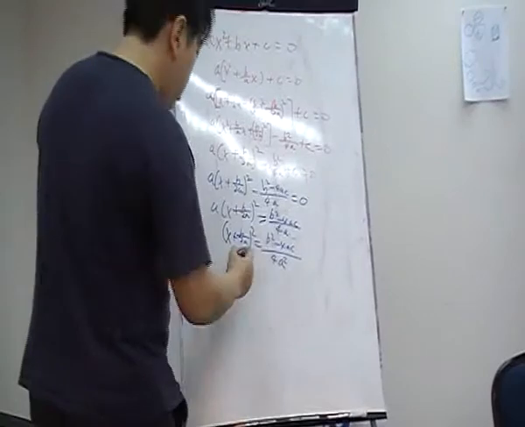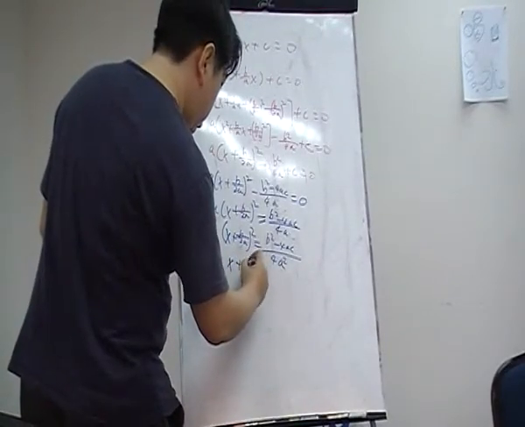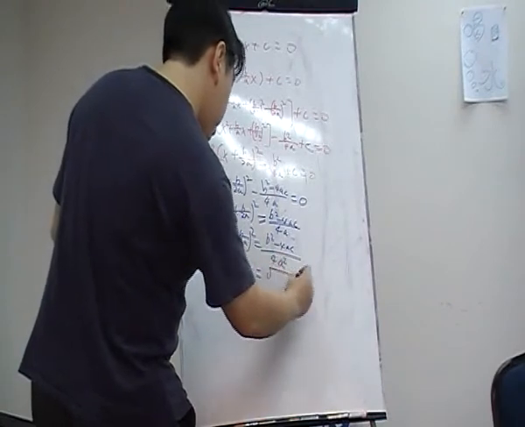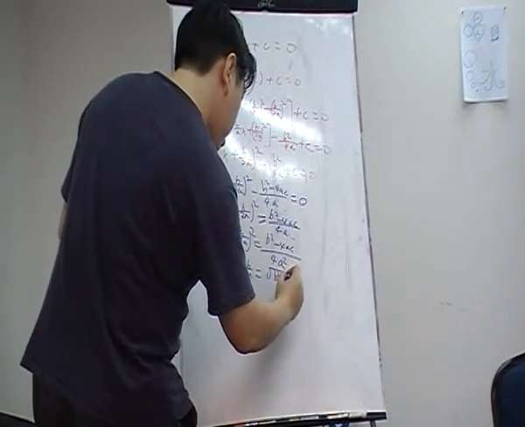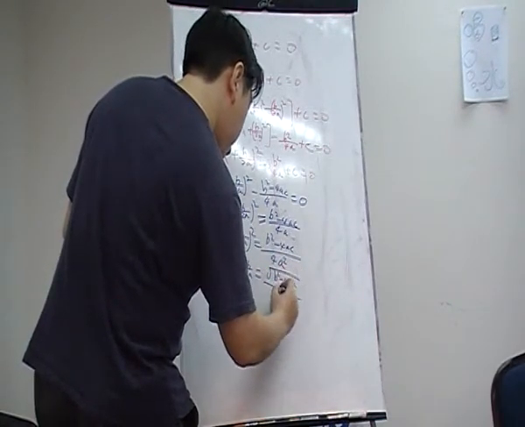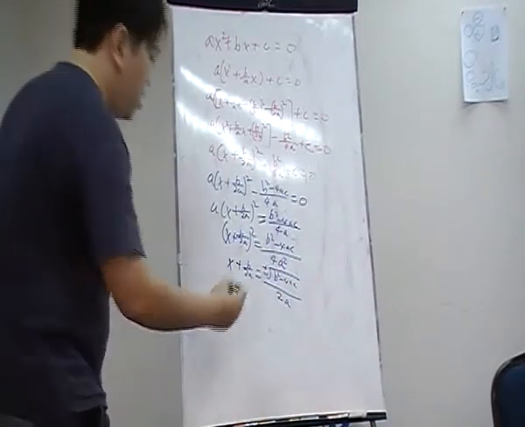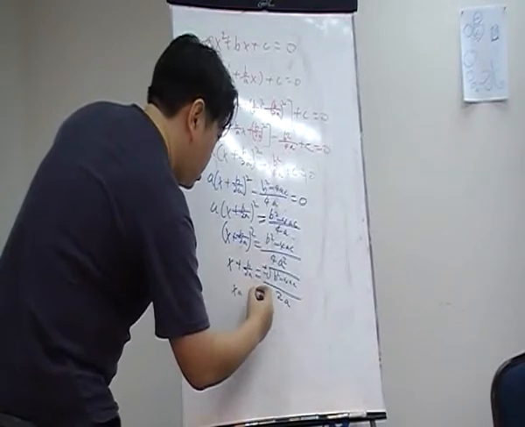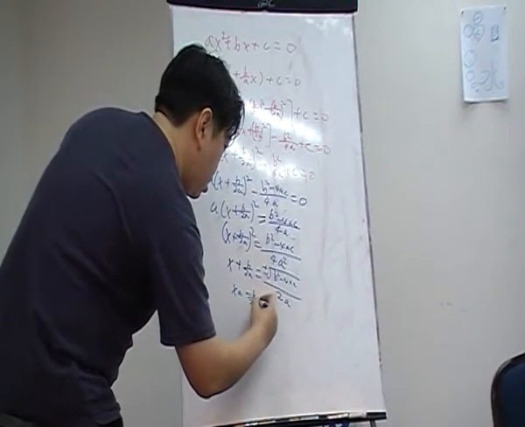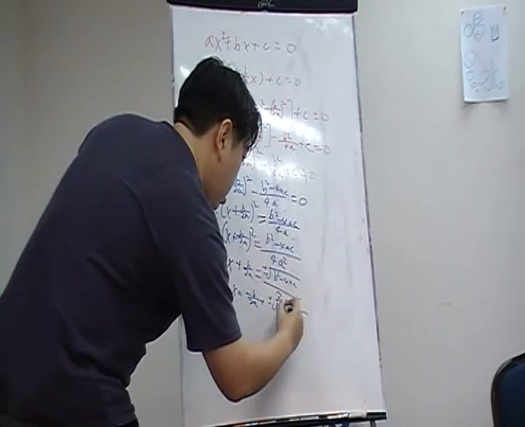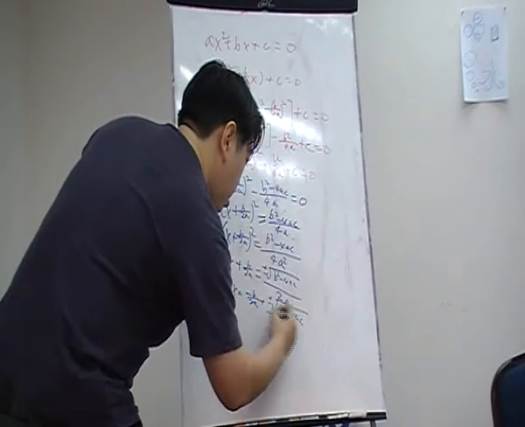Okay. So x equals to minus b over 2a plus minus root b squared minus 4ac over 2a.